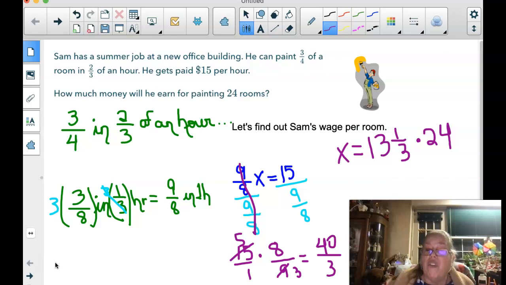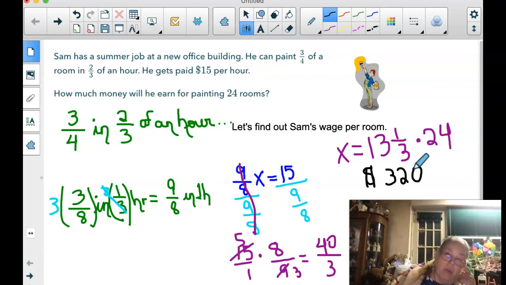Okay, so if you've done it on your calculator, 13 1/3 times 24 is $320, which is what Theo helped us with. Okay, so that's what he gets paid for 24 rooms. And why? Because he gets 13 1/3 dollars per room, and he did 24 rooms.